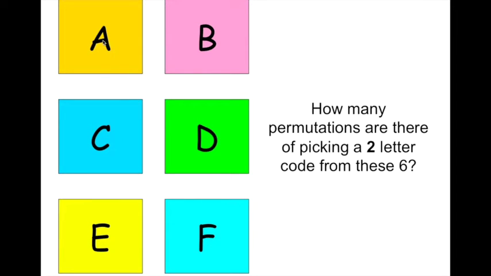So I've basically got 6 different letters, and each of those letters has 5 other letters that it could be combined with, because it can't be combined with itself. So ultimately, there will be 6 times 5 permutations that could arise. 5 with the A as the first letter, 5 with the B, 5 with the C, D, E, F. So therefore 6 lots of 5.